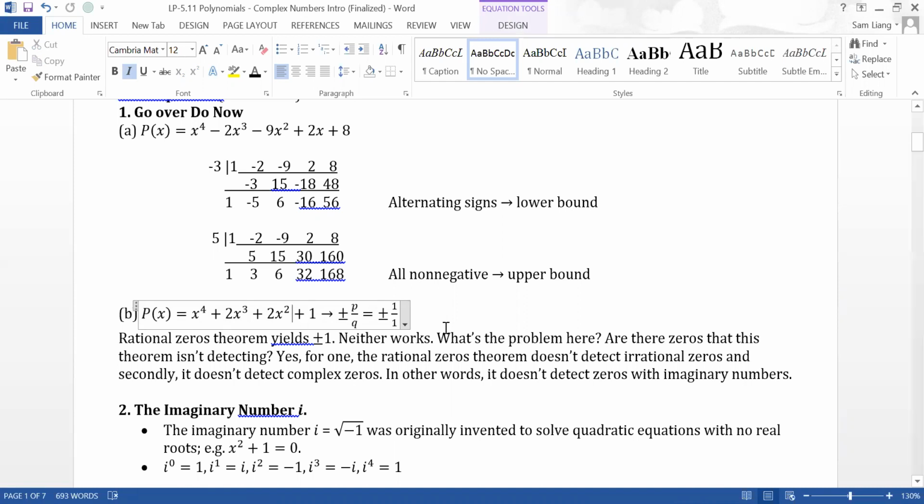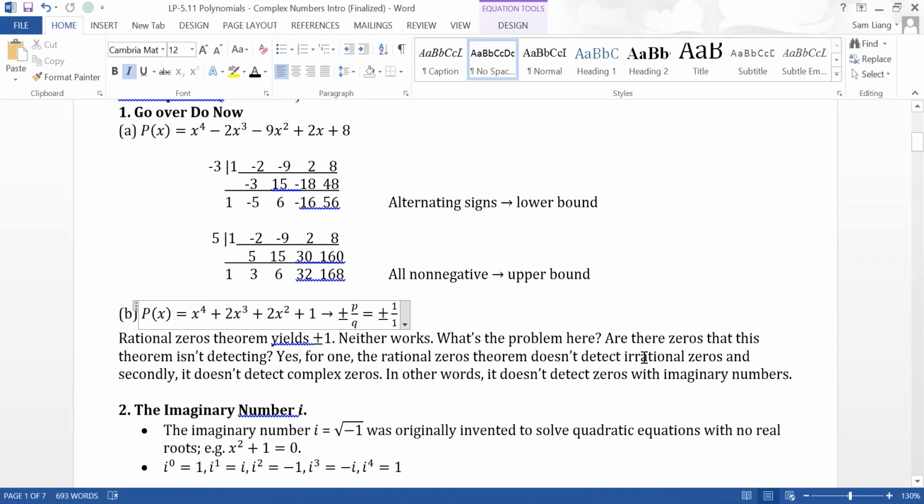And you might be thinking that since the rational zeros theorem is supposed to lead to all possible rational zeros, then something must be wrong. But, as I say here, there are zeros that this theorem does not detect, because the rational zeros theorem doesn't detect irrational zeros.